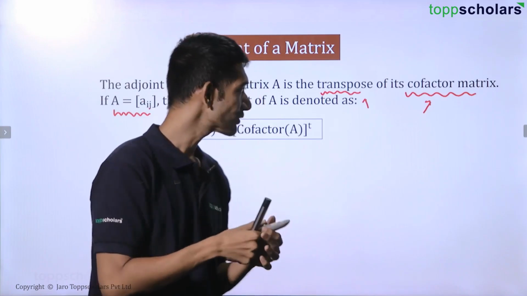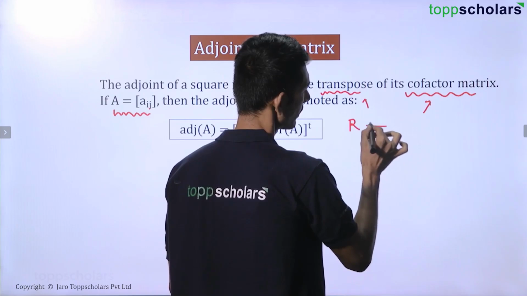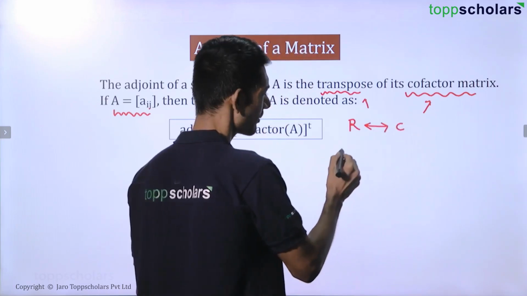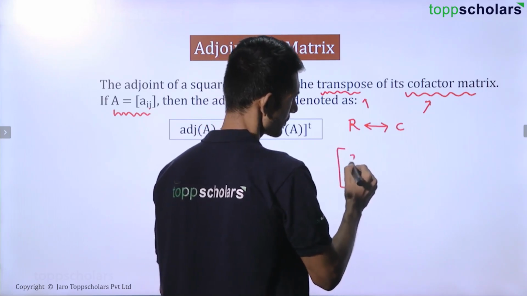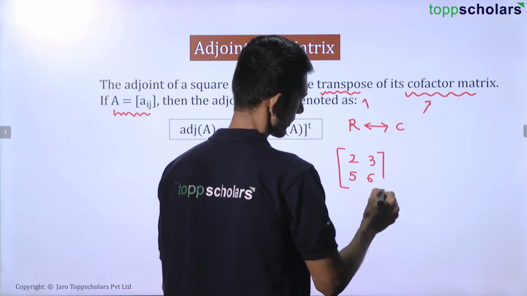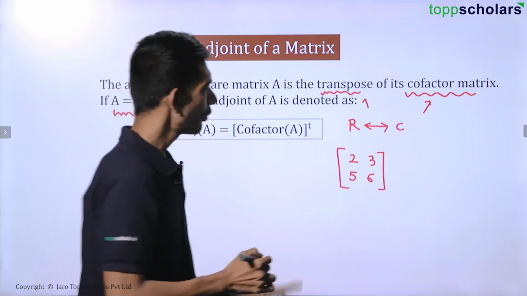Now what is the meaning of transpose? Transpose means interchanging rows to columns. I'll give you a simple example. Now suppose we have a matrix 2, 3, 5, 6. What is the first row?